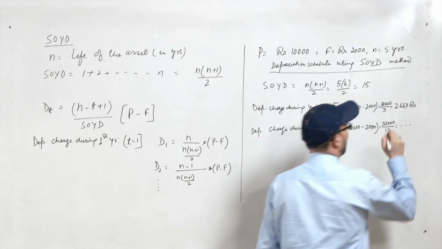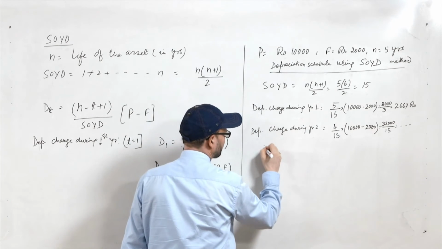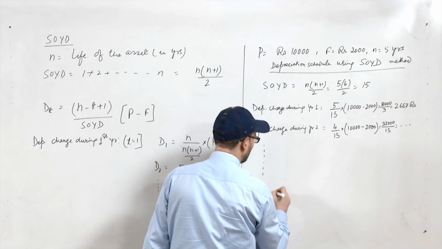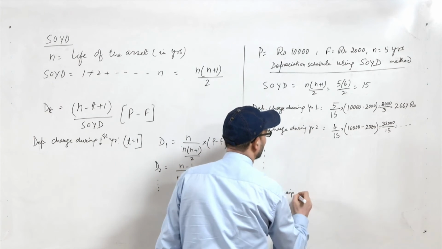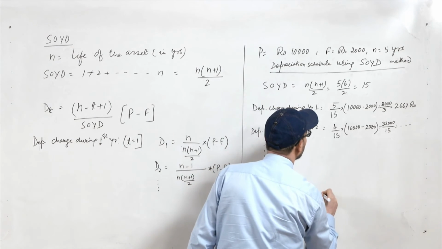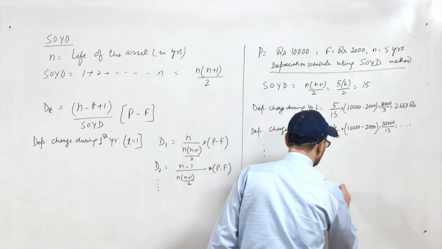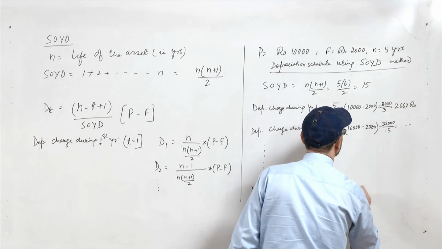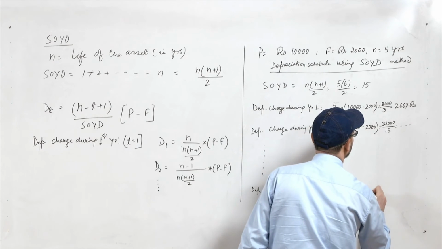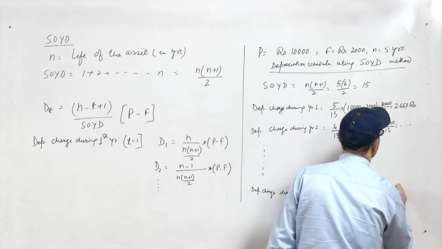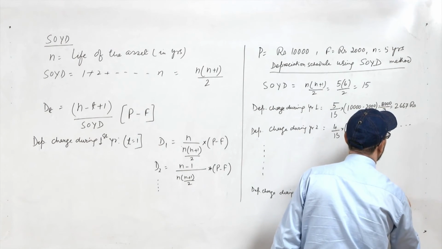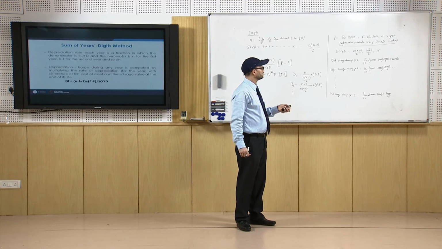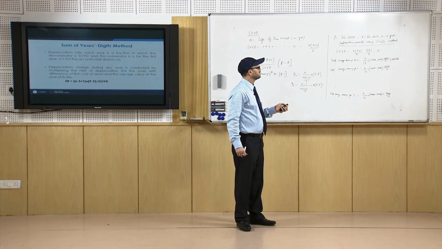Similarly, for year 5, it will be nothing but 1 upon 15 into (10,000 minus 2,000), so it will be 8,000 by 15. This is how you calculate the depreciation charge for the SOYD method.